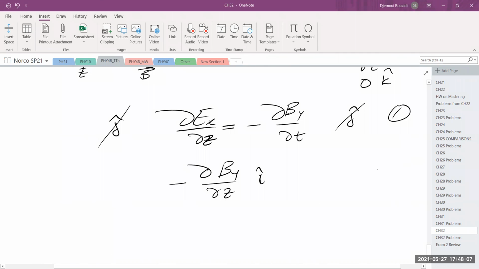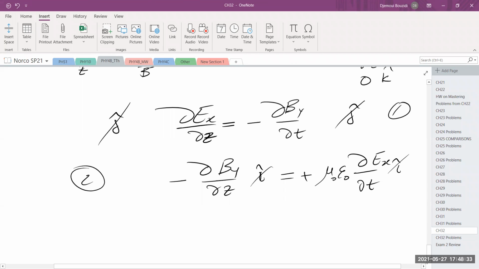So it's going to be positive mu naught epsilon naught, the derivative of Ex with respect to t. And that is actually in the i hat direction only, because there are no other components for the electric field. So at the end of the day, these two also cancel, and this becomes equation 2. So those are the two equations that we have.